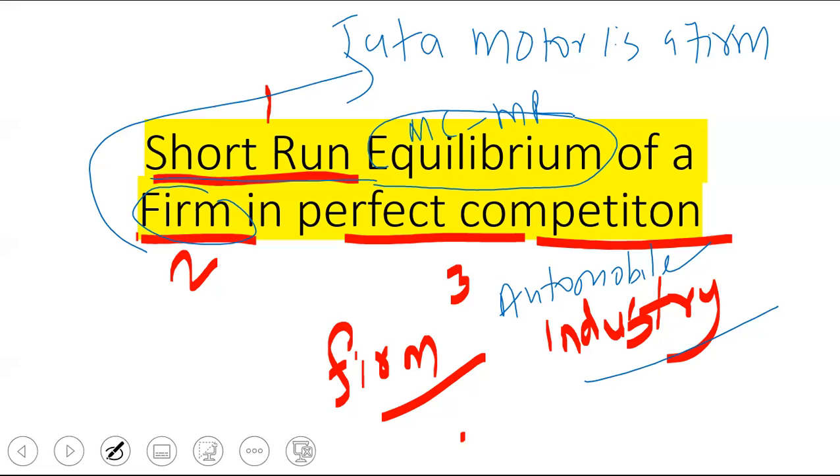MC intersects MR from below. I hope you have written. MR is equivalent to MC or MC is equivalent to MR. Second is MC intersects MR from below.